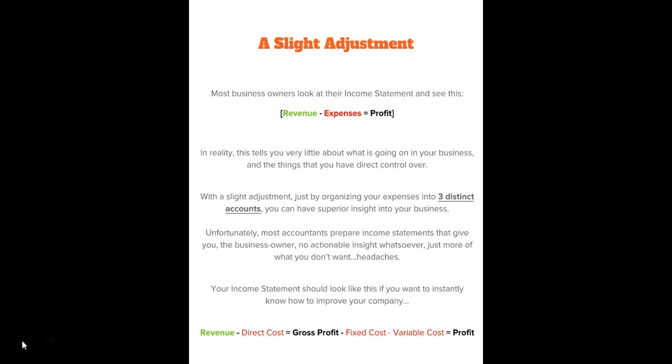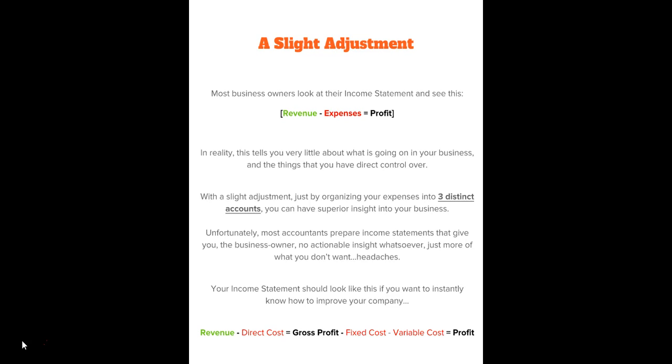With a slight adjustment, just by organizing your expenses into 3 distinct accounts, you can have superior insight into your business. Unfortunately, most accountants prepare income statements that give you, the business owner, no actionable insight whatsoever, just more of what you don't want: headaches.